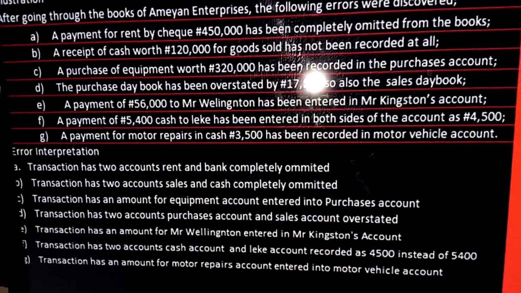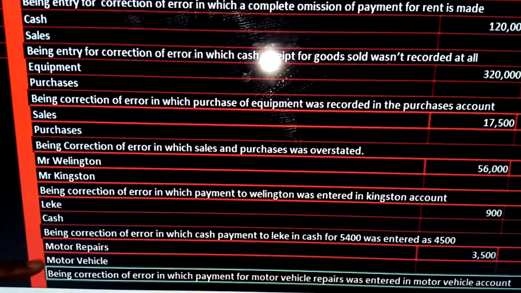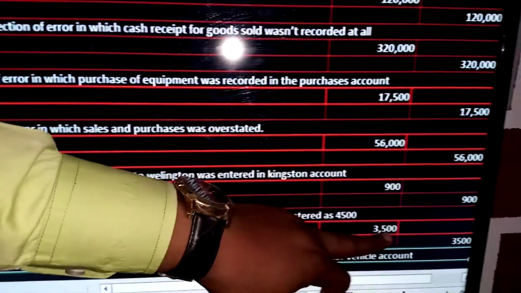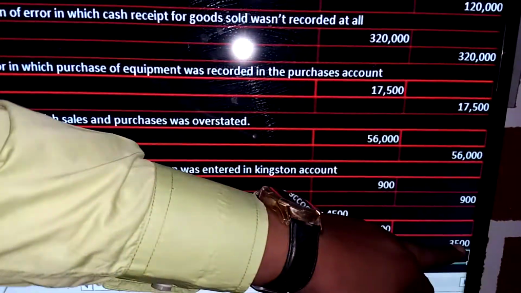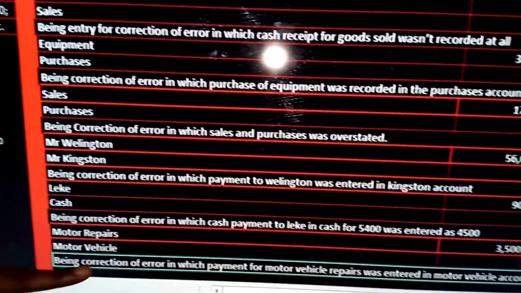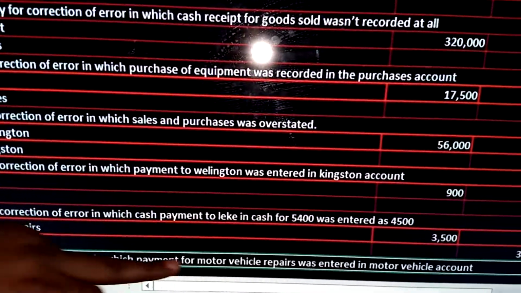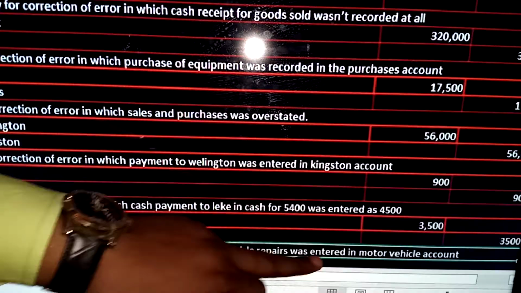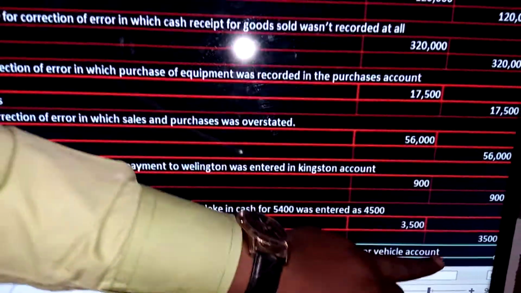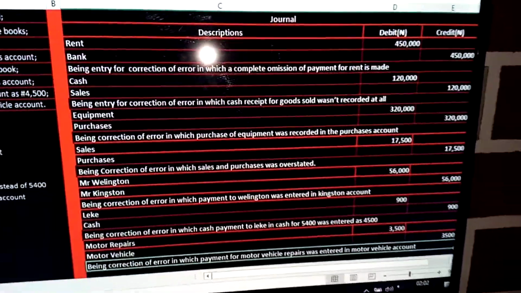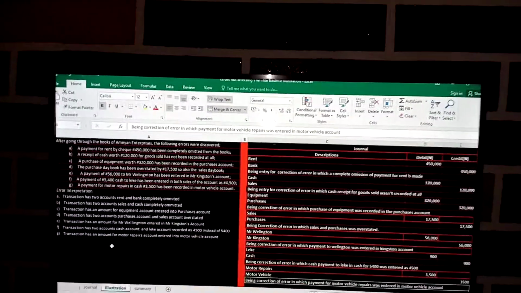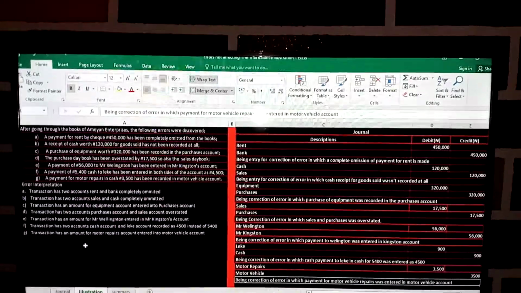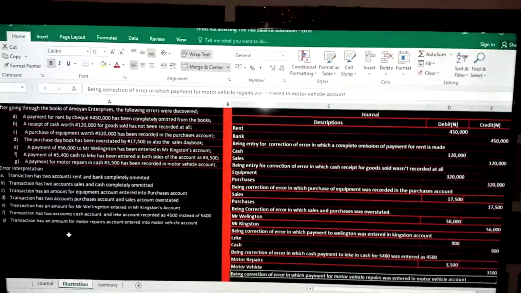So we debit motor repairs with 3,005 and credit motor vehicle with 3,005, and then narrate being correction of error in which payment for motor vehicle repairs was entered in motor vehicle accounts. So that is the illustration on errors not affecting the trial balance.